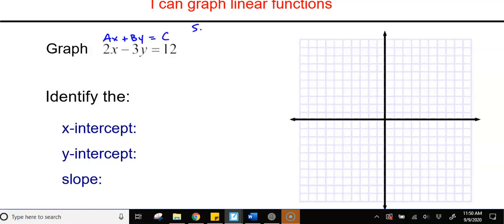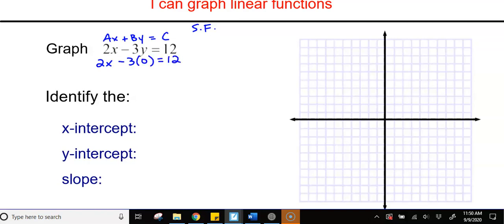So standard form. So if we're following our steps from earlier, what we want to do is find the x and y intercept, and then we just want to plot those points and connect them. Okay? So our x-intercept happens when y equals 0. So I'm just going to say 2x minus 3 times 0 equals 12.